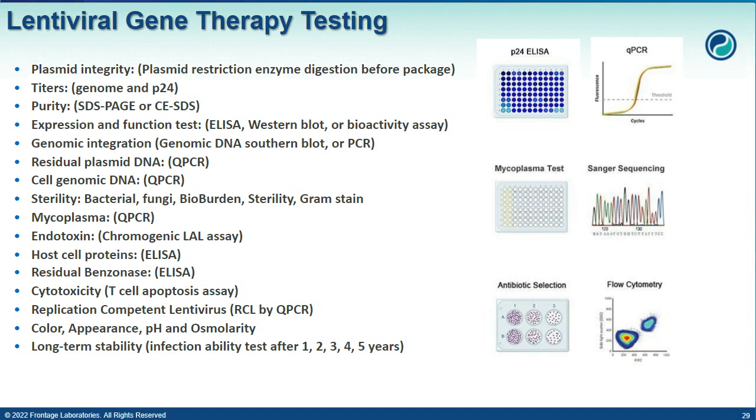It also includes the genomic integration assay by Southern blot or PCR, residue plasmid DNA by Q-PCR, cell genomic DNA by Q-PCR. Sterility assay include bacteria, fungi, identification, BioBurden, sterility, gram staining, Mycoplasma by Q-PCR, and Endotoxin by chromogenic LAL assay.